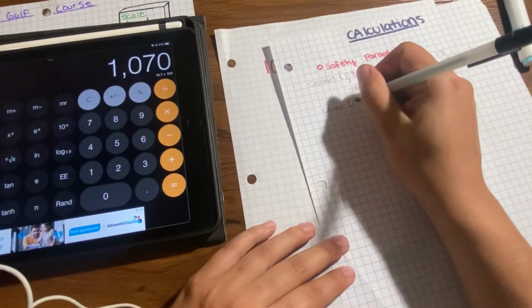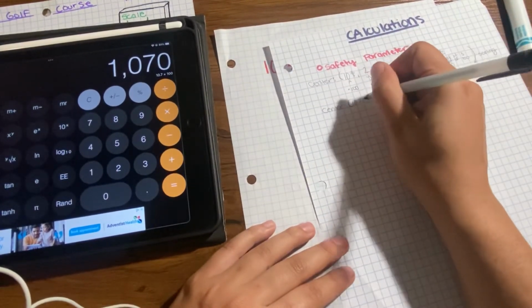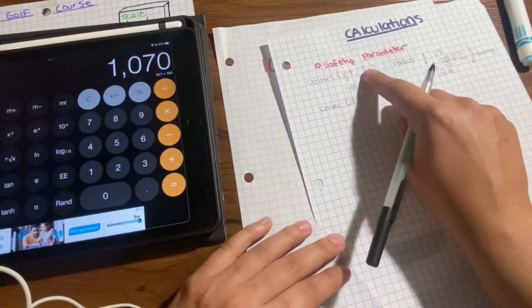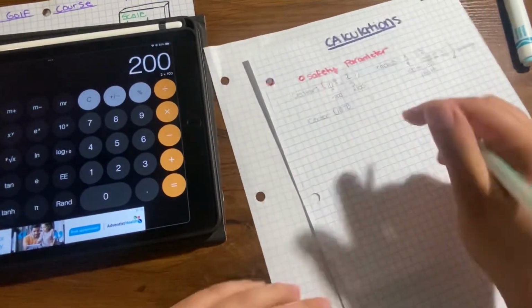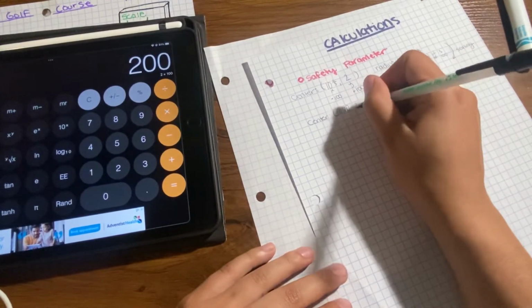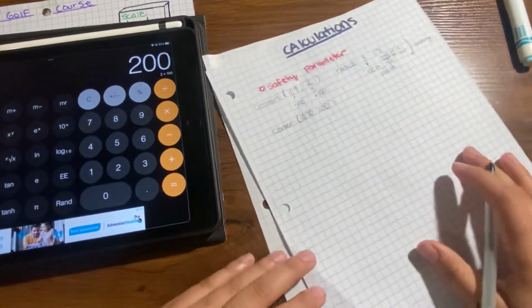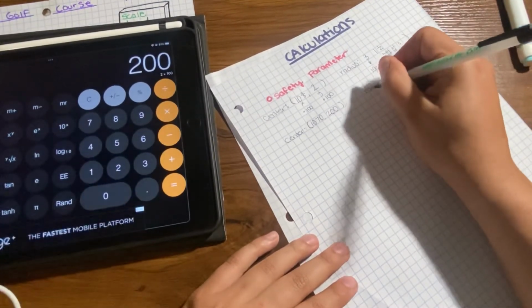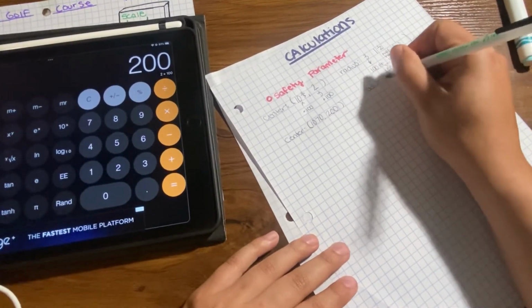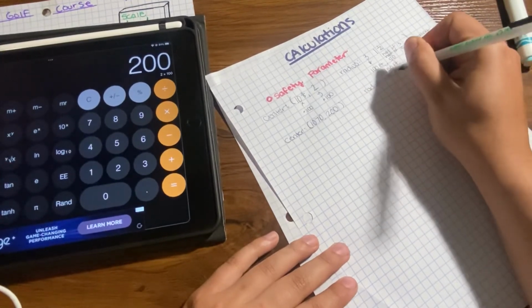And I get 1,070. Next, I'm going to do 2 times 100. And I get 200. So this is my center, and my radius is 150 feet, okay?